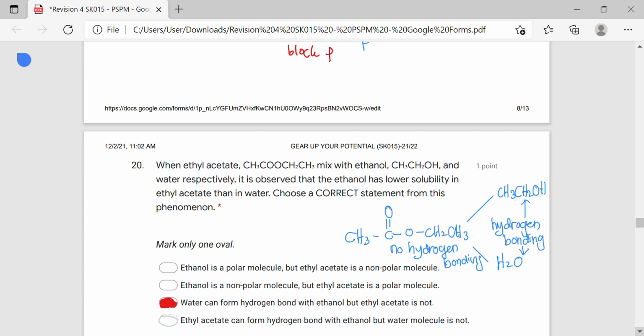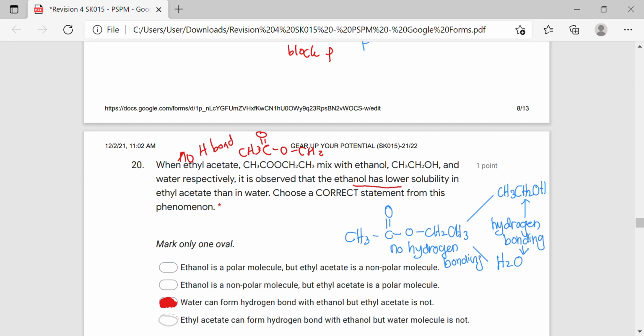So ethyl acetate, CH3 C double bond O, OCH3. If we look at this oxygen, it is not bonded to hydrogen, so ethyl acetate has no hydrogen bond. Compare with ethanol.